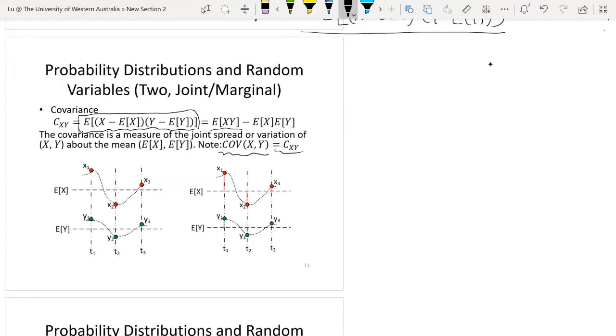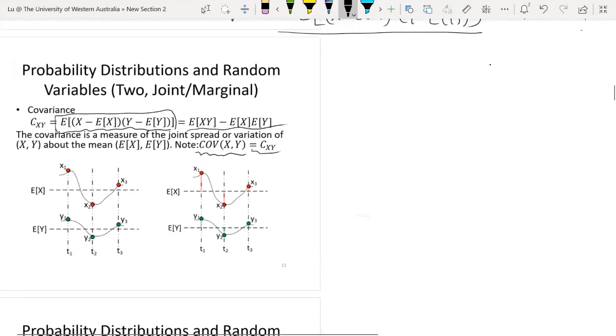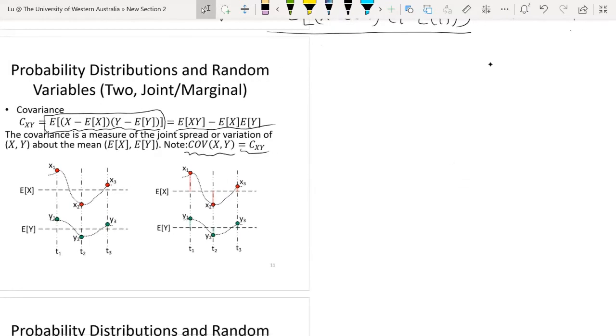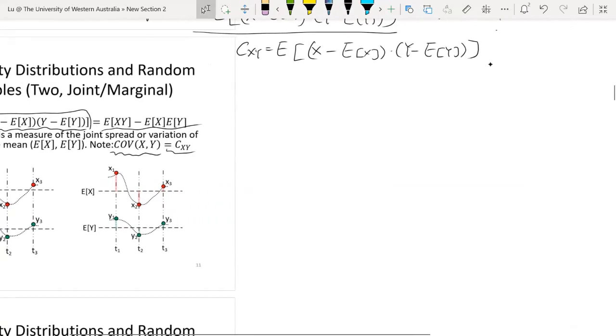But how can we derive the very last term here? Let's quickly go through that. It says Cxy equals the expectation of x minus Ex by y minus Ey. Let's just expand the terms within the square brackets.